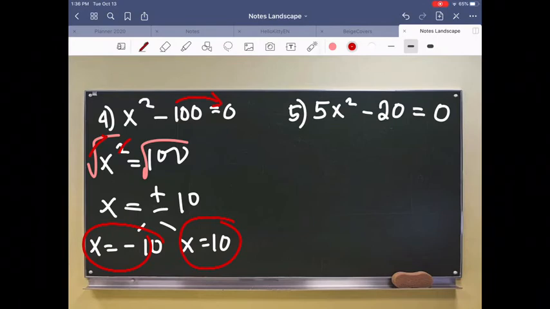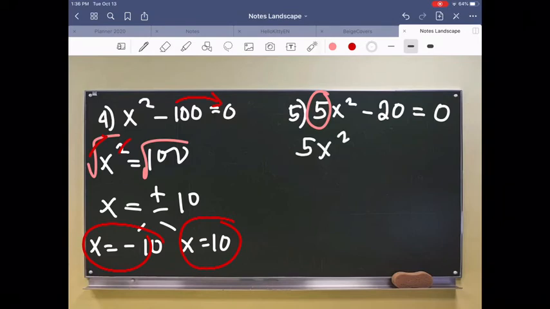Okay. How about number 5? Okay, let's pause it right now. And then solve it on your own. Okay? So we have, okay. So in this case, again, meron kang coefficient dito. So magkakaroon ka ng 5x squared.